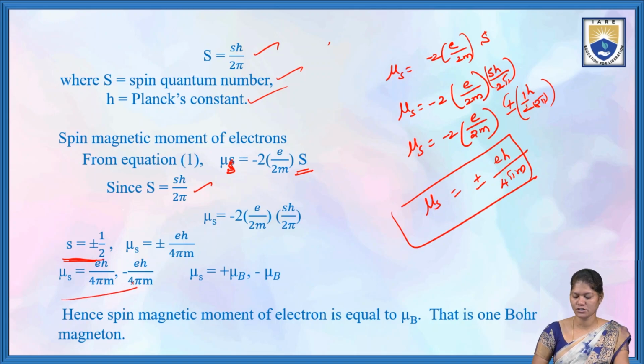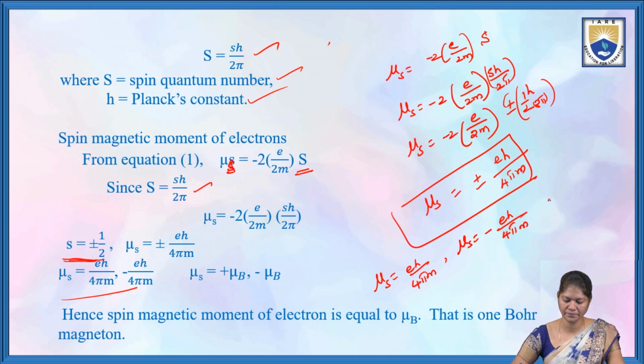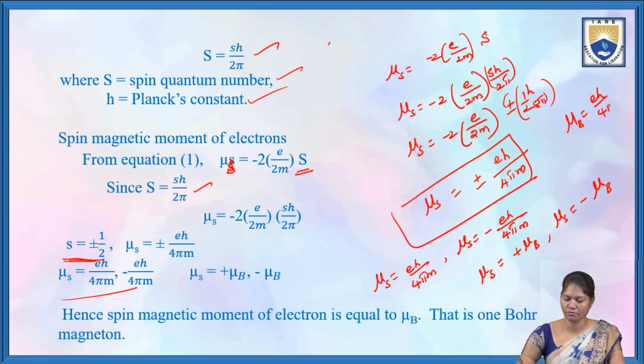So we get two spin values: mu s is equal to eh by 4 pi m, and also mu s is equal to minus eh by 4 pi m. Eh by 4 pi m is nothing but the Bohr magneton, as we know that Bohr magneton mu b is equal to eh by 4 pi m.